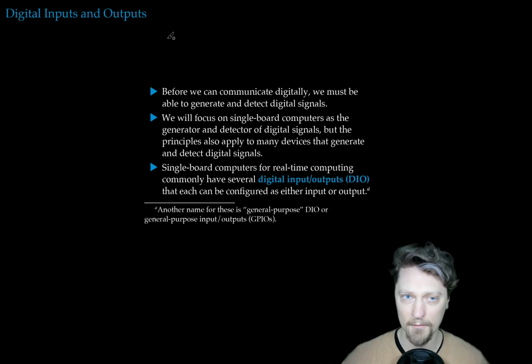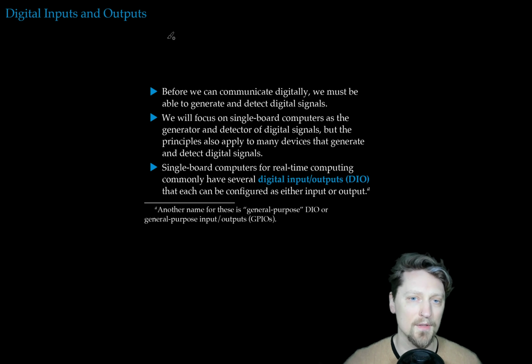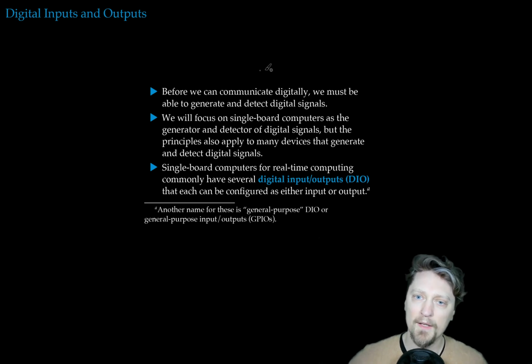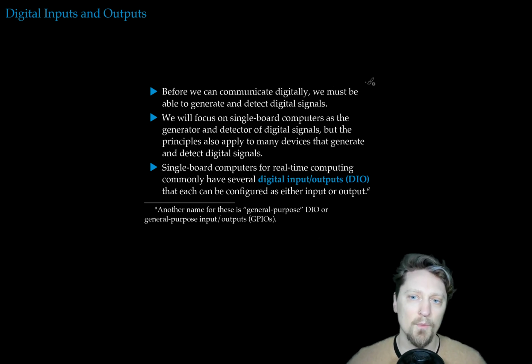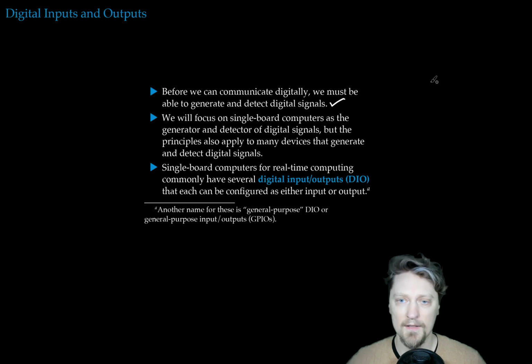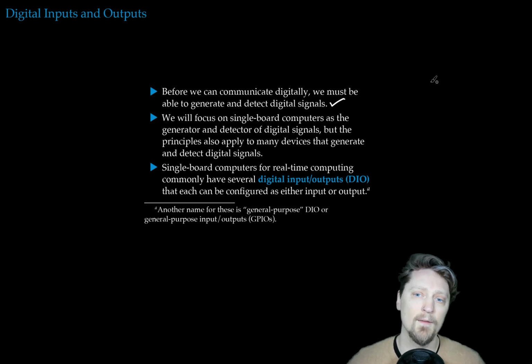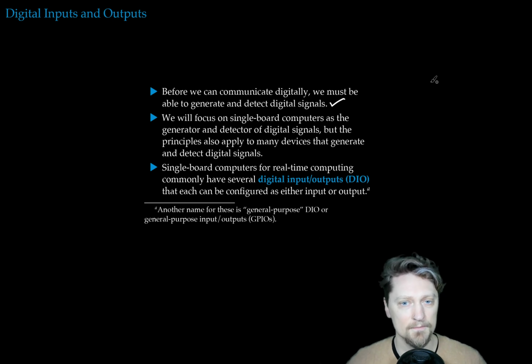Okay, starting us off with digital inputs and outputs. Before we can communicate digitally, we must be able to generate and detect digital signals. We will focus on single-board computers as the generator and detector of digital signals, but the principles also apply to many devices that generate and detect digital signals.